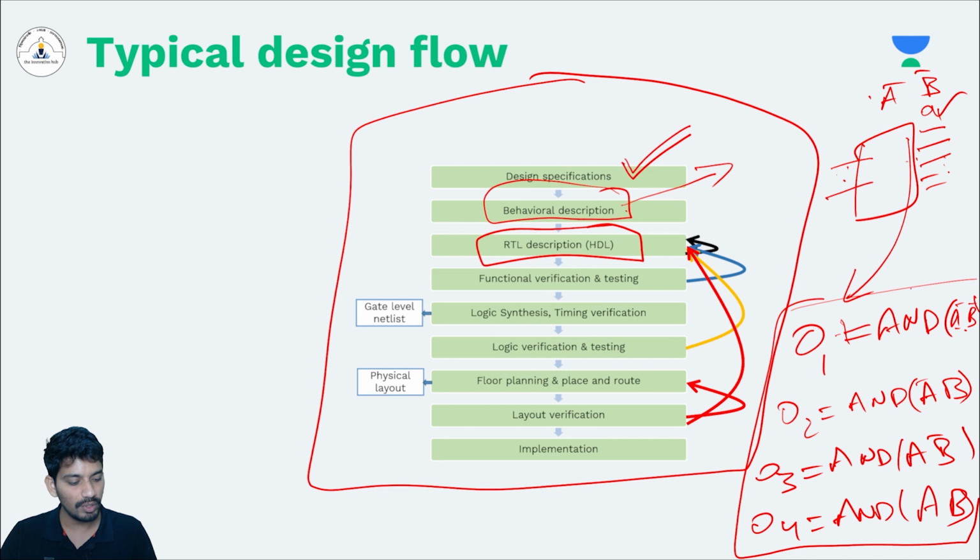I don't need to call the AND gate and connect them to A and B or A bar and B bar. I'm just writing it in very simple English language like this. I want output O1 should be a function of AND of A bar and B bar.